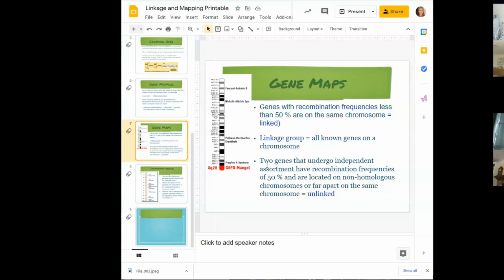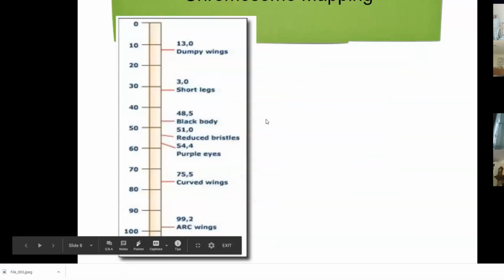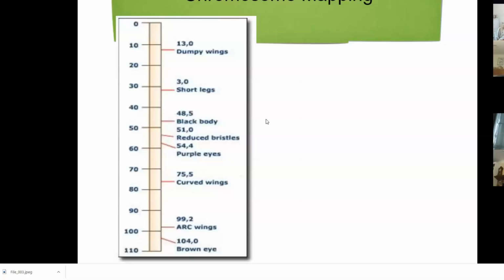If two genes are not inherited together more than 50% of the time, you would assume they are on separate chromosomes and are unlinked. Which two genes do you think would most likely be separated during a crossover event? Any two genes on here that you think would likely separate during crossover? You can throw it in the chat box, or you can shout it out loud. Dumpy wings and brown eyes.